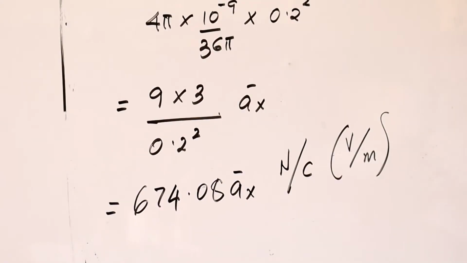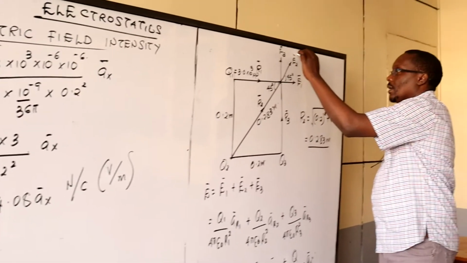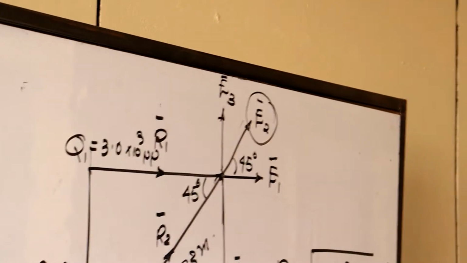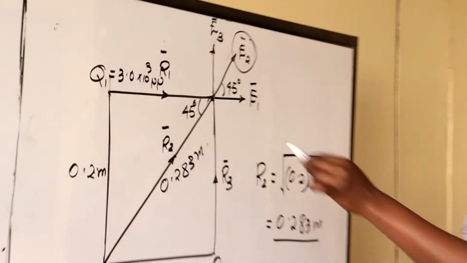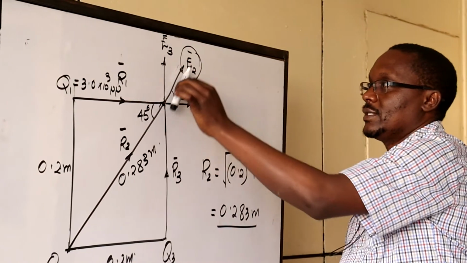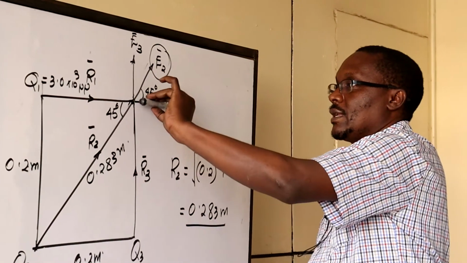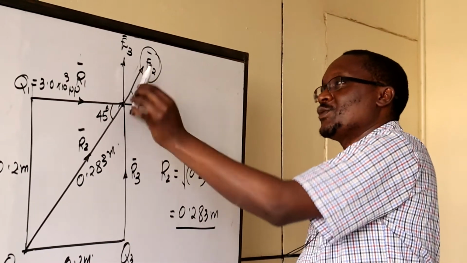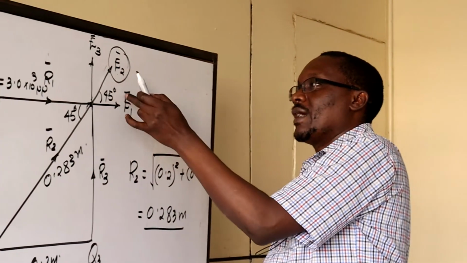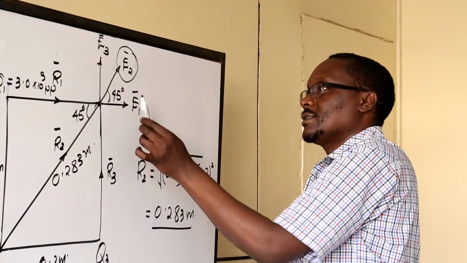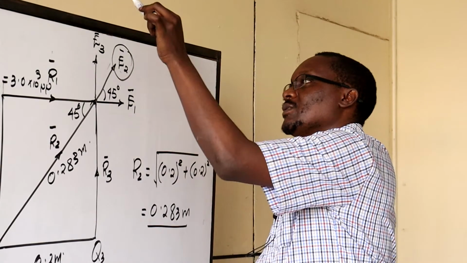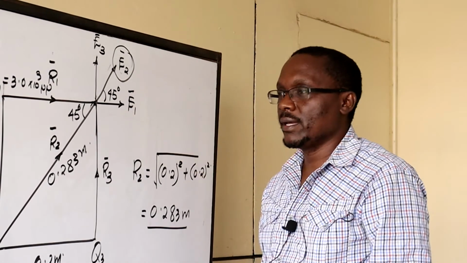Then now the second one, we need to look at our electric field strength E2, which has two components, along the x-axis and along the y-axis. Because you see, at this point, you can never tell whether it is along x or y. So we need to resolve it by representing E2 with a cosine of the angle so that it is along the x-axis, and E2 multiplied by the sine so that we get the component along the y-axis.